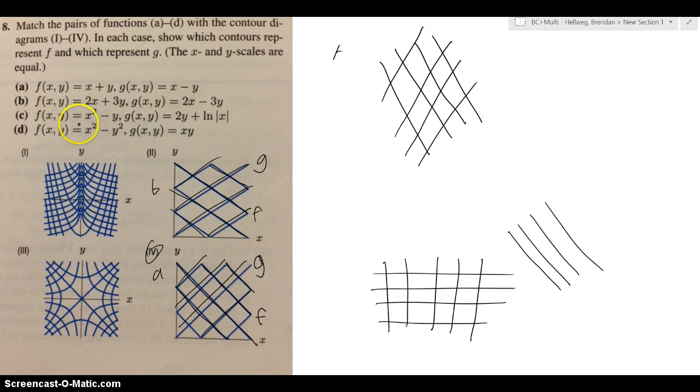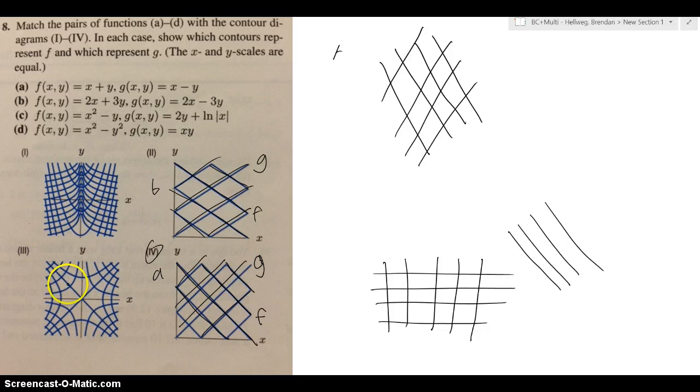So in this case, what I like to look at is the ln, because that's what sticks out among all of these. It's possible to confuse x squared minus y with x squared minus y squared when I'm looking at the contour diagrams, but ln of x is very distinct. Now, what we know is that ln of 0 is not possible, so we should look for a place where there's a lot of activity going on right in this line or in this line.